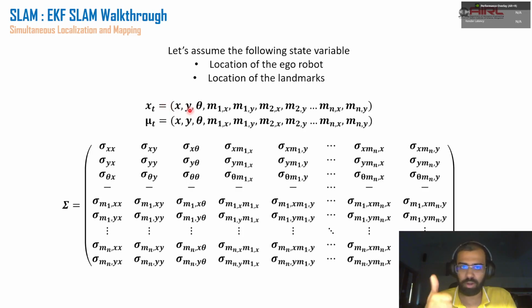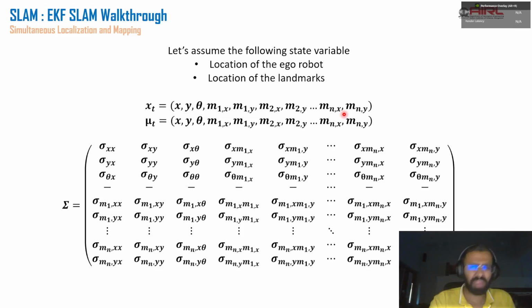X, Y are my real locations in the 2D space. Theta is my heading. M1X, M1Y is the X and Y coordinate of the first landmark. M2X, M2Y, second, third, fourth, fifth. So N landmarks is what we have, because it's 2D, so X and Y, X and Y pairs.